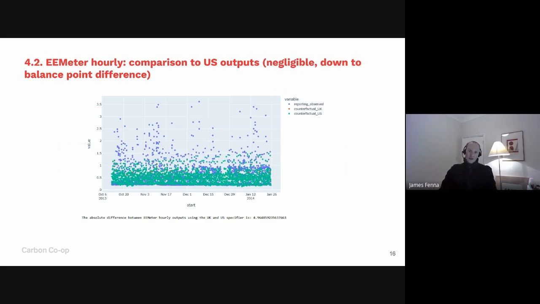It basically means that OpenEEmeter hourly will run a slightly different model on two sets of data, and they'll return very slightly different outputs. So we can see from the graph that the outputs don't exactly align, and that is basically down to the different heating balance point that's recommended in the literature for buildings in different regions.